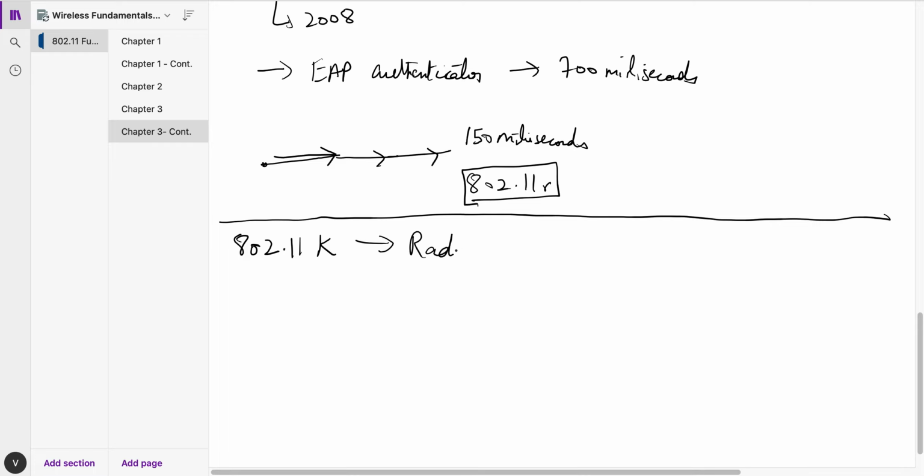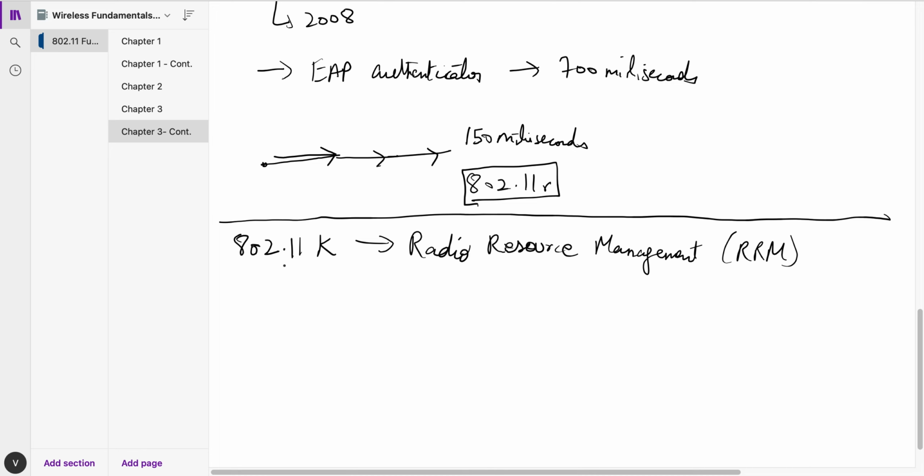The other standard that I want to discuss is 802.11k, also known as radio resource management, that is RRM. RRM is quite critical because it defines at what channel and what power level your AP will work.